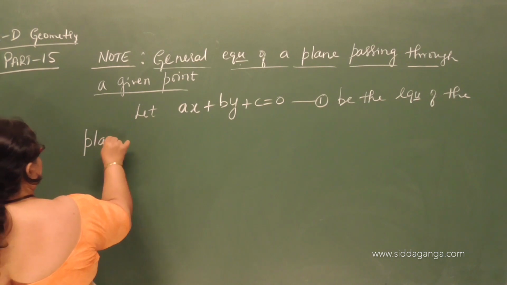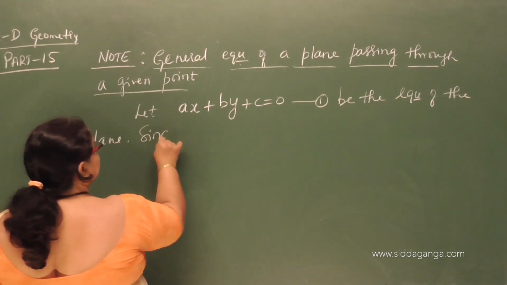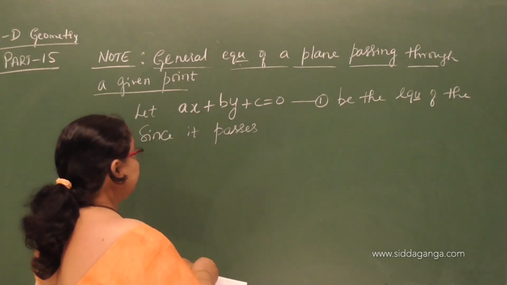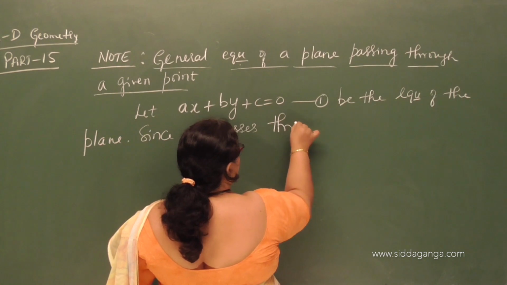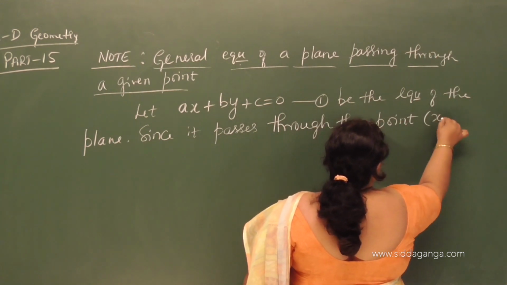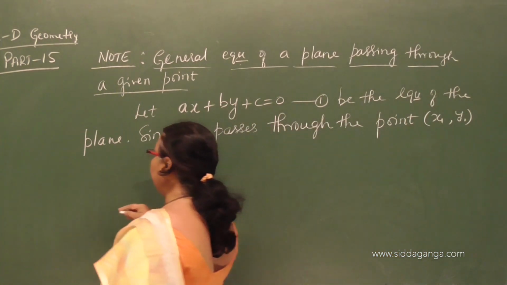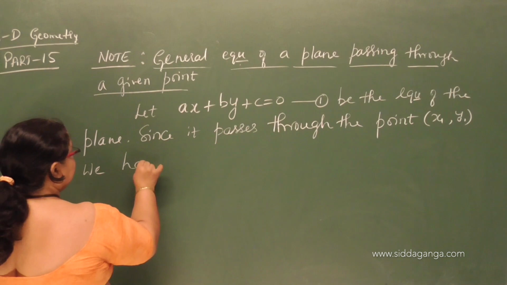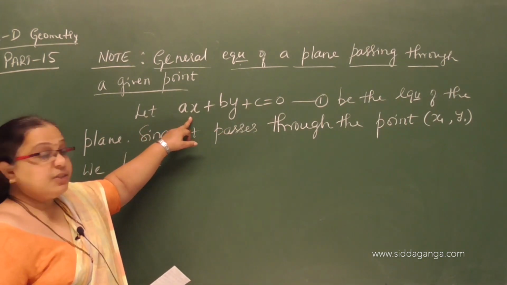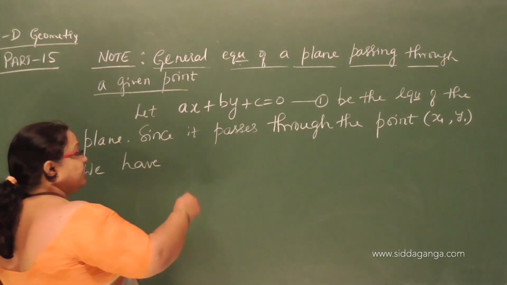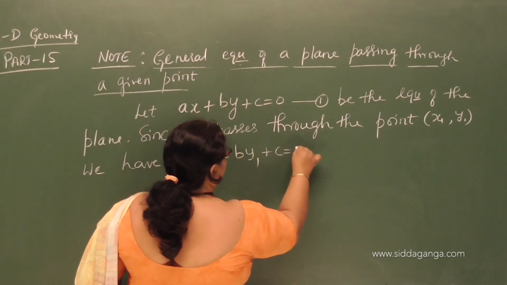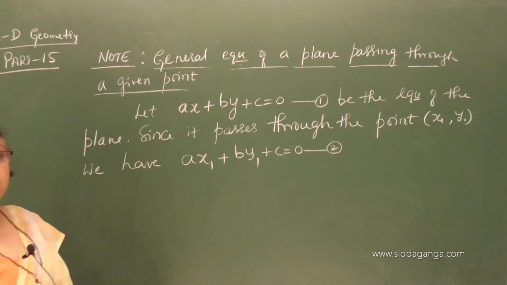Now, since it passes through the point x1, y1, z1, this point lies on that plane, so it satisfies the equation of this plane, and hence we have to replace x by x1, y by y1, and z by z1 in the equation of the plane.